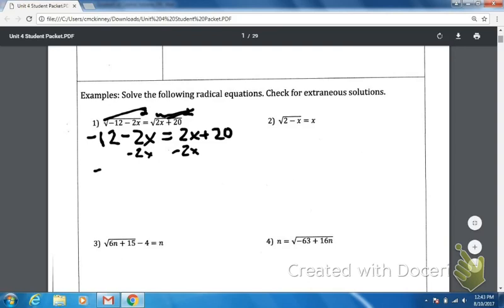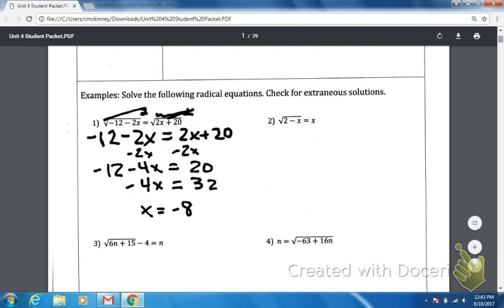It's just how I roll, but nothing magical about that. We're going to get the same answer no matter which side we brought them to, as long as we finish it out. Then we add 12 to both sides. That leaves me with negative 4x equals 32. And when we divide, we get x equals negative 8.